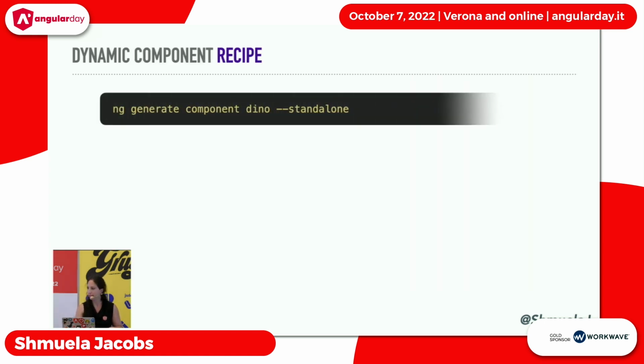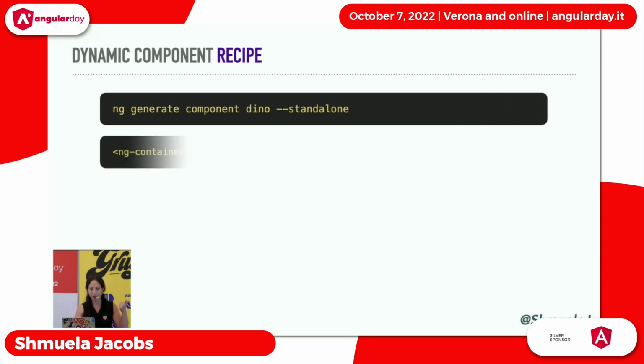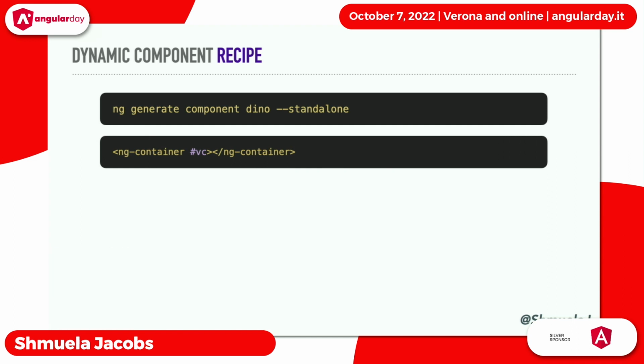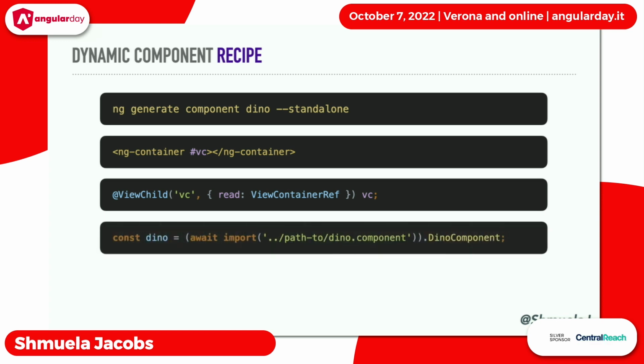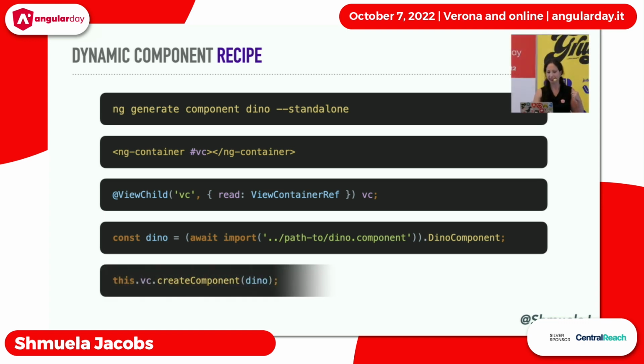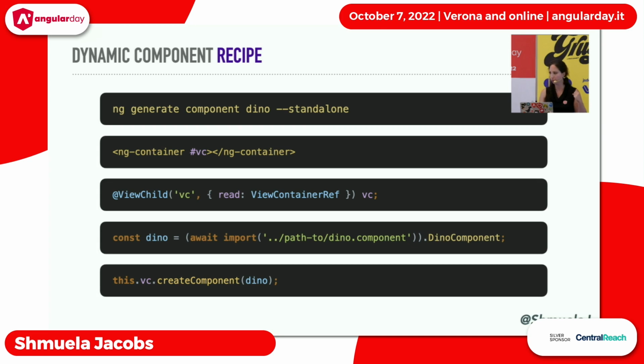So here's the short recipe. You create a standalone component for the dynamic component. You add a reference to the ng container. You get the reference with view child and view container ref, and you import the component and create it here on the view container ref. That's it.